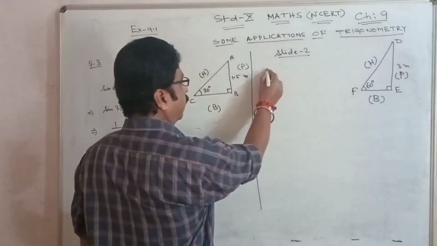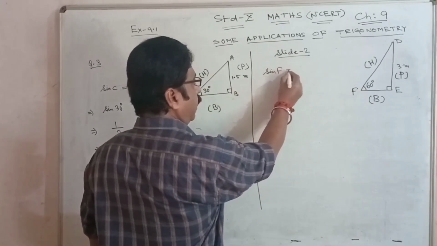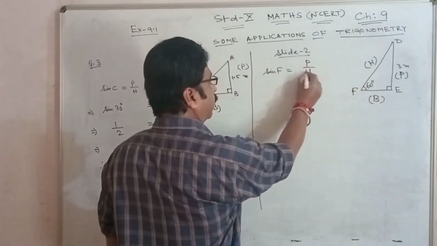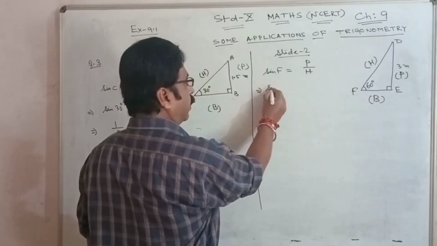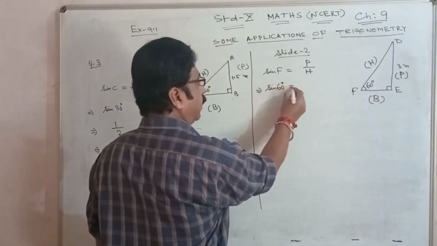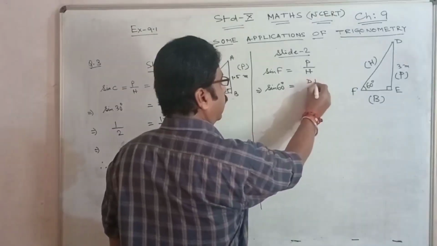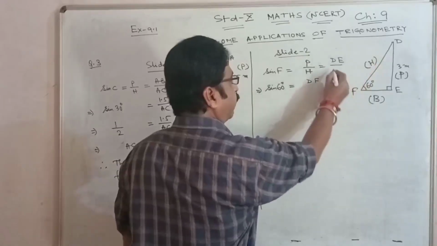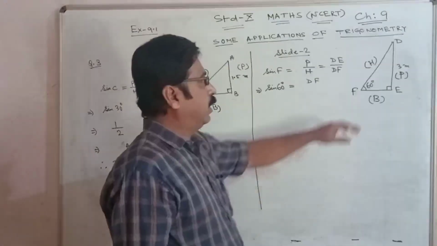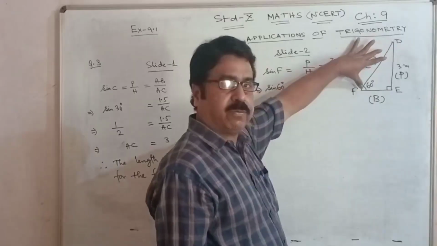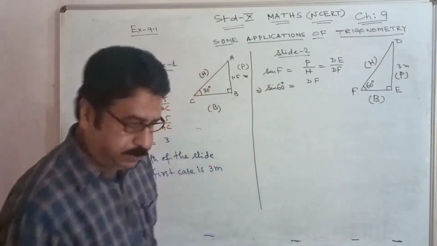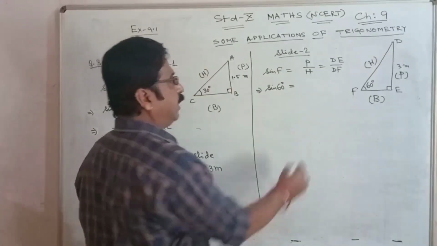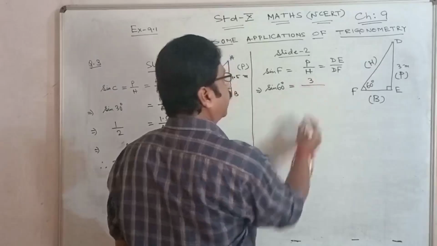Sin F equals perpendicular upon hypotenuse, means sin 60 degree equals DE upon DF. This DE is the perpendicular, DF is the hypotenuse. DE is known, it is 3 meter.